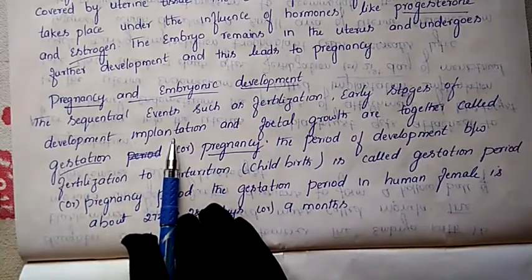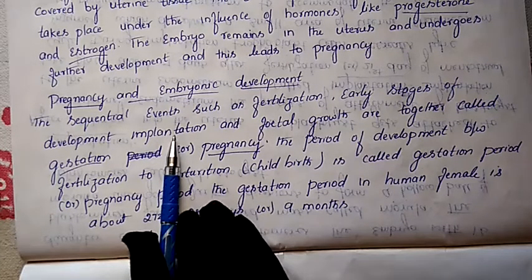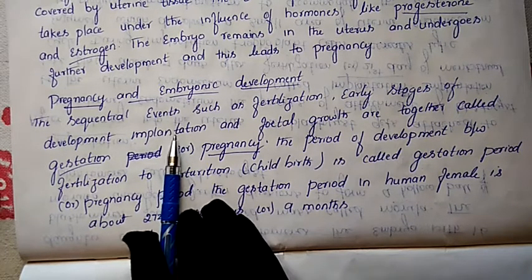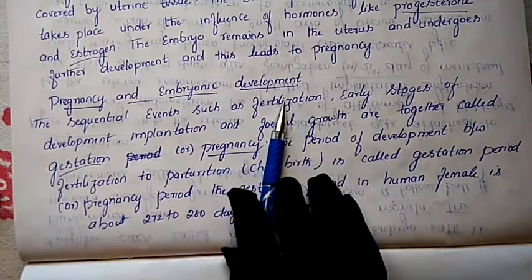Next, implantation takes place. After blastocyst formation, the blastocyst comes from the fallopian tube and attaches to the uterine endometrium wall. That process is called implantation, and it takes place 7 days after fertilization.